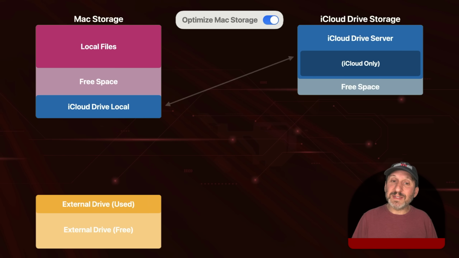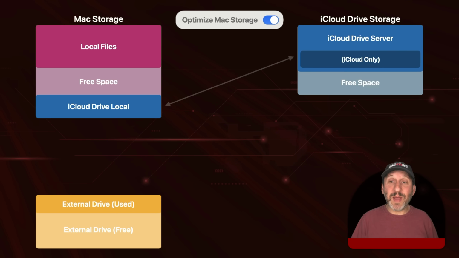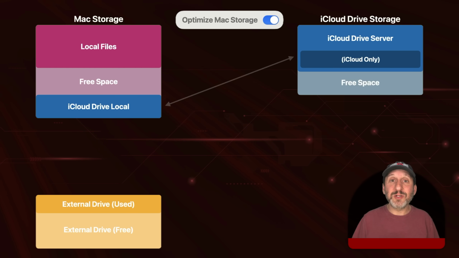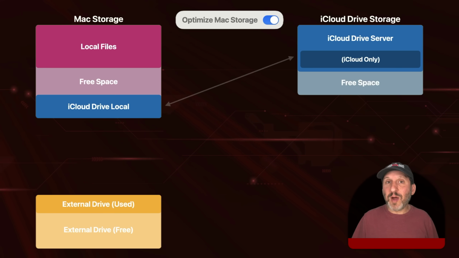And then when everything syncs, then we'll see the reduction, the equivalent amount that's on the external drive, but now removed from iCloud Drive on the server. So in that case, we save that space in our iCloud Drive storage, but perhaps only a little bit or maybe even nothing saved locally because these are probably files that we weren't accessing very often anyway.